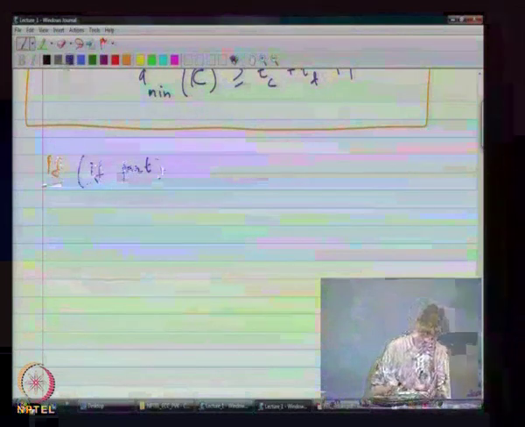So here is the proof, for the if part. Assume that d min is greater than or equal to T sub C plus T sub D plus 1. We will adopt the following decoding algorithm.